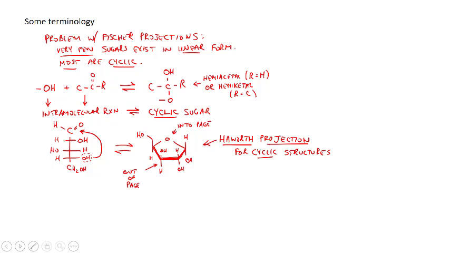Now, Haworth projections are realistic. They're not perfect, but they're realistic. But you'll notice that there's a problem with the Haworth projection, and that is it can be hard to tell, at least without practice, if the sugar is a ketone or an aldehyde.